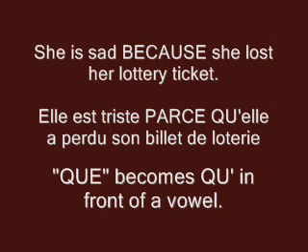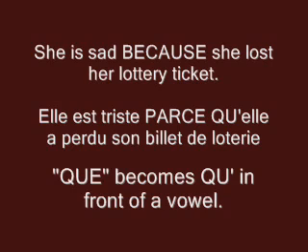So, elle est triste parce qu'elle a perdu son billet de loterie. You just use parce que, then you add the justification. You place parce que before the justification, the same way you placed because before the justification in English.